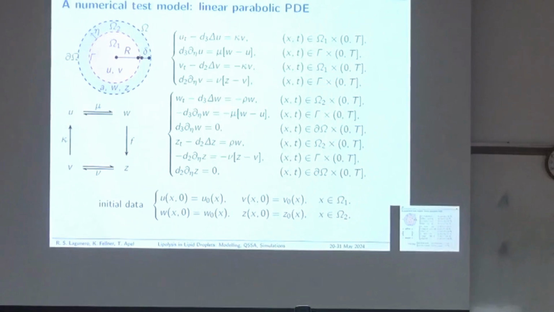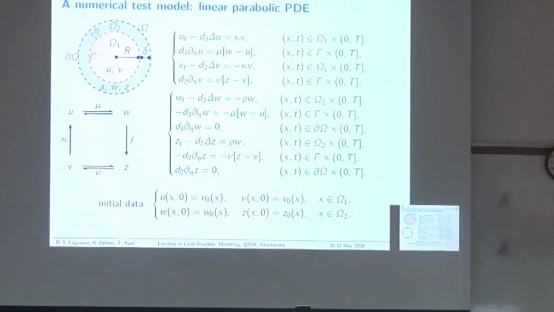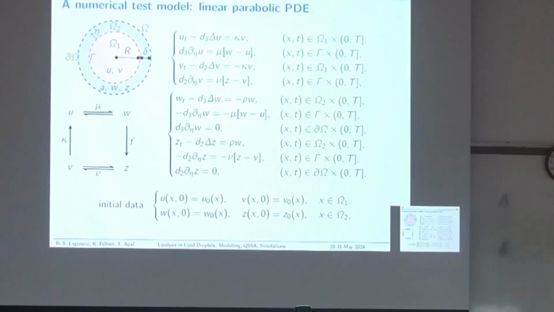So U denotes concentrations of DGs in the reservoir, and V denotes concentrations of DGs in the reservoir, and so on. So we are also considering, of course, the diffusion of the involved substrates in the reservoir region and in the active region. And of course, other parameters here, I have, for example, D3 and D2, which are taken to be constant at the moment.